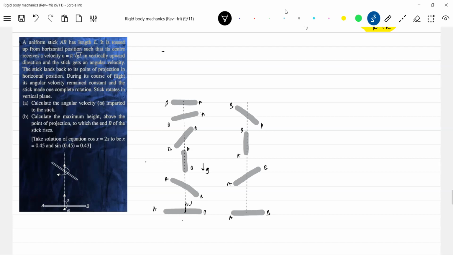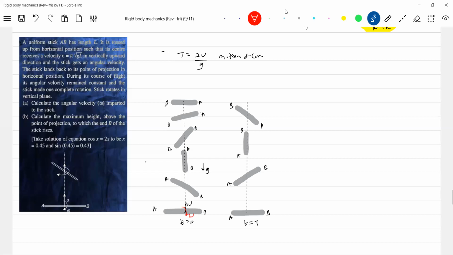So this is t equal to 0. After some time, one rotation is telling. So we know the time of flight, 2u by g, motion of center of mass. Calculate the angular velocity imparted to the stick. So how much angular velocity is given to the stick?